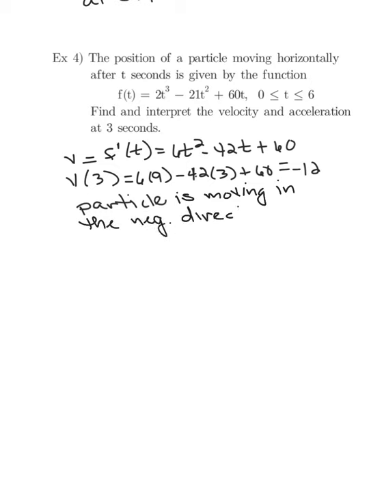Now, we don't know, it just says horizontally. We can assume that the negative direction is left, but we don't know that for sure. So that's why I just put negative direction.